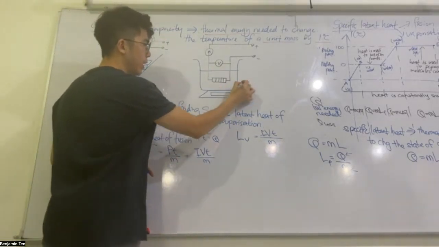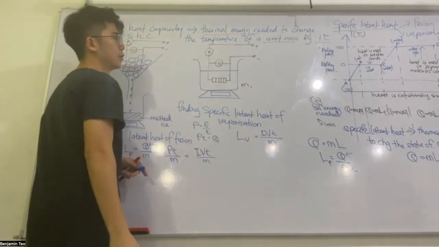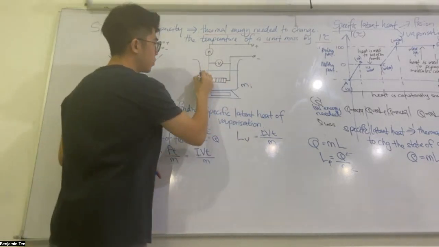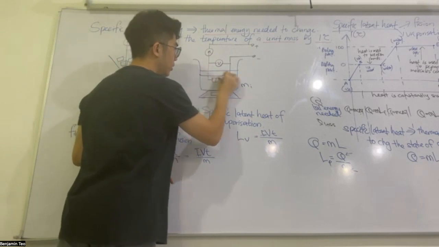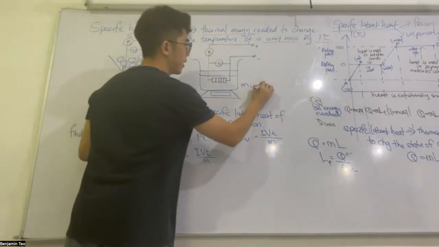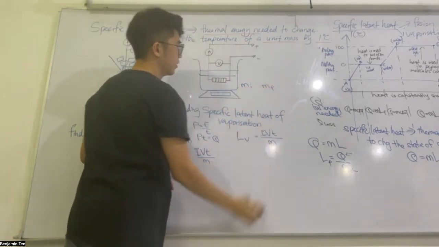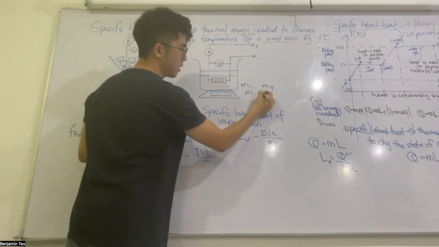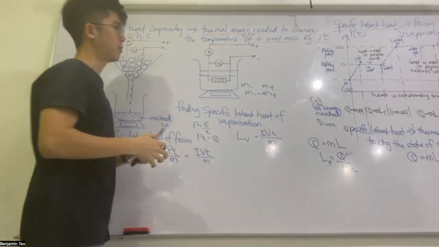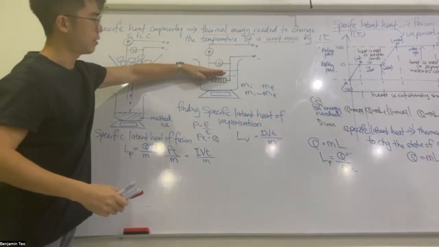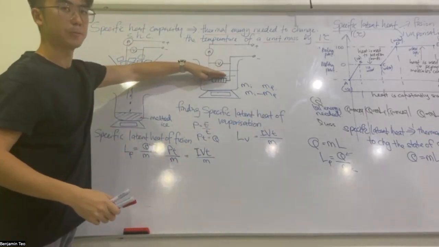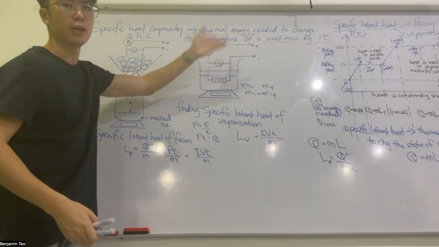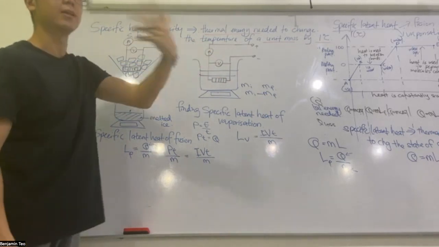Initially, you get the mass m1, the initial mass. Then this one has boiled, and the water decreased to here. Then you get the final mass m_f. This is going to be bigger than this one, so you subtract: the initial mass minus the final mass. How much mass you have initially, minus how much mass you have left, is the amount of liquid that has turned into gas.